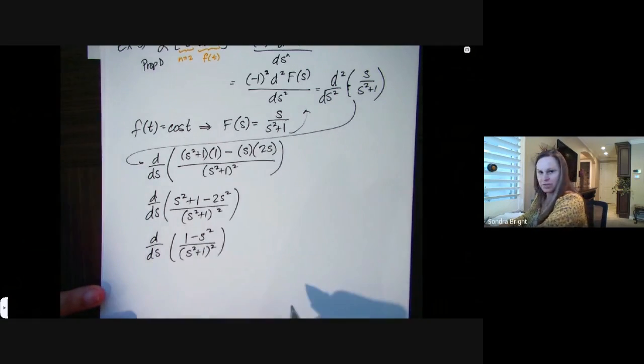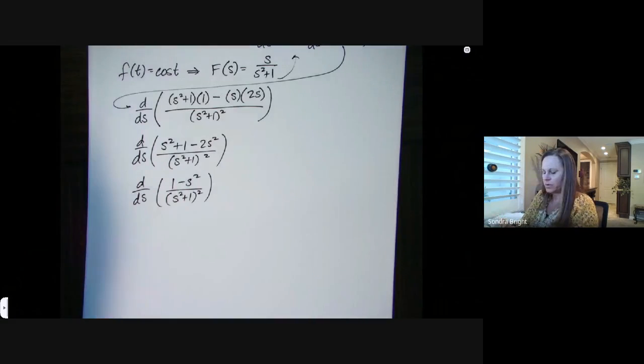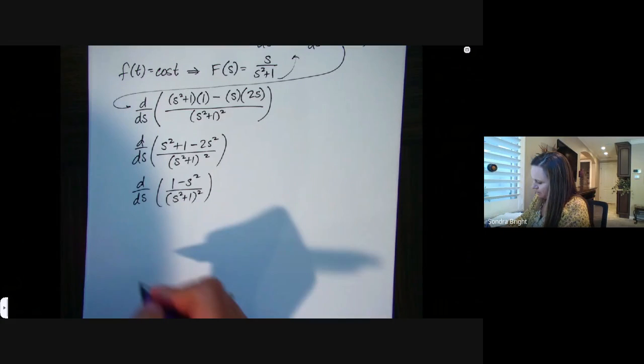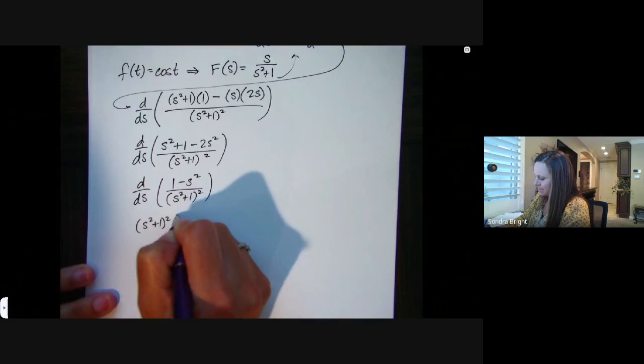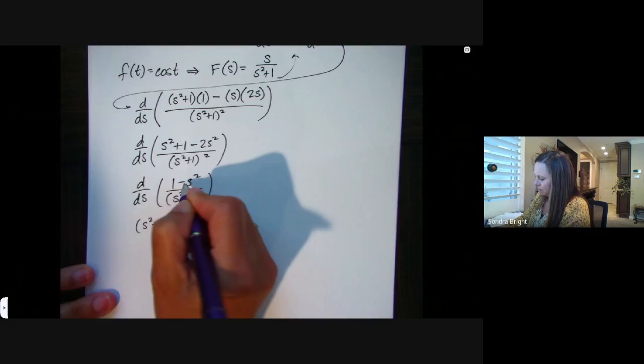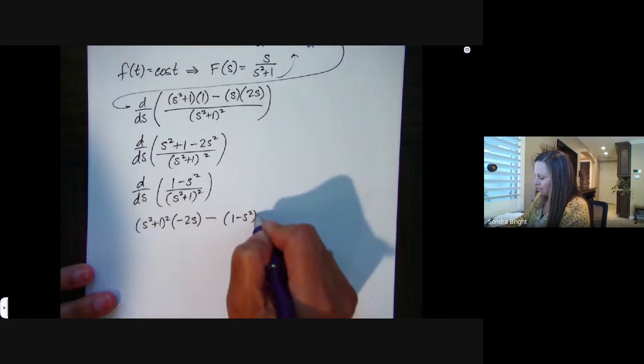Oof. Okay, we can do this. Quotient rule again, where you take the bottom times the derivative of the top, which would be 0 minus 2s, minus the top times the derivative of the bottom.